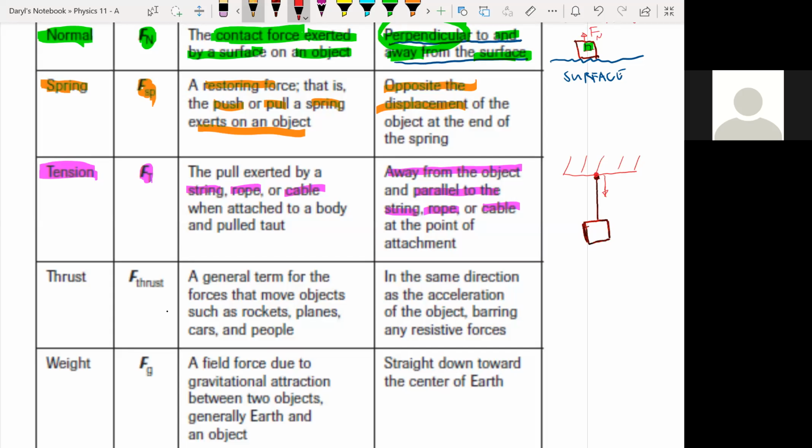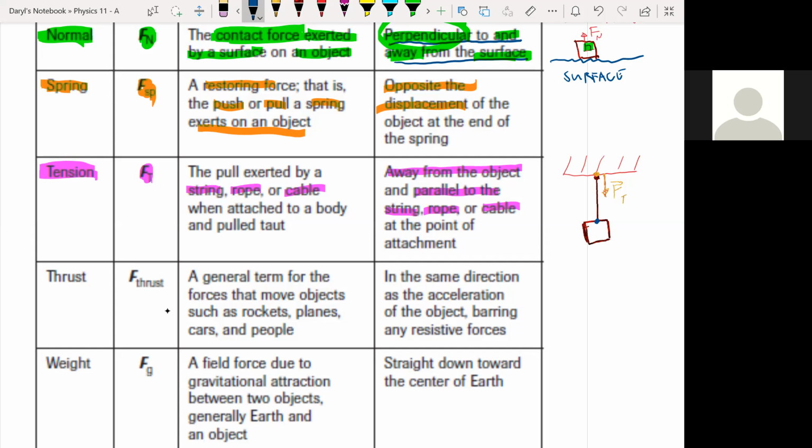Let's change the color there. So the force is downward. That would be my Ft. But again, this is looking at this particular point. However, if I look at the other point, this one here, my reference would be the object itself.